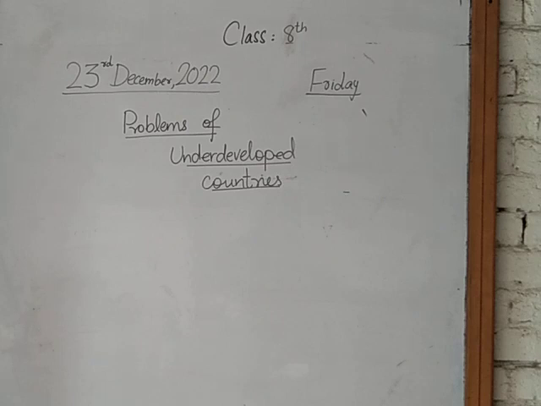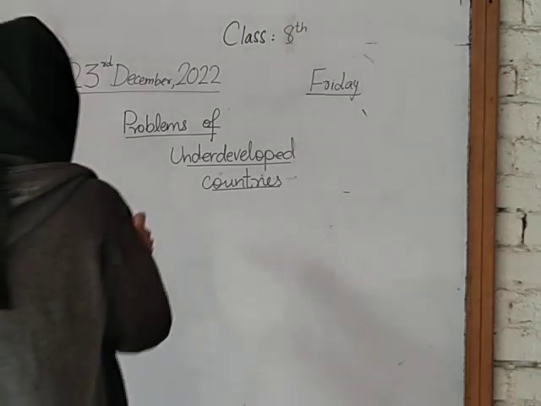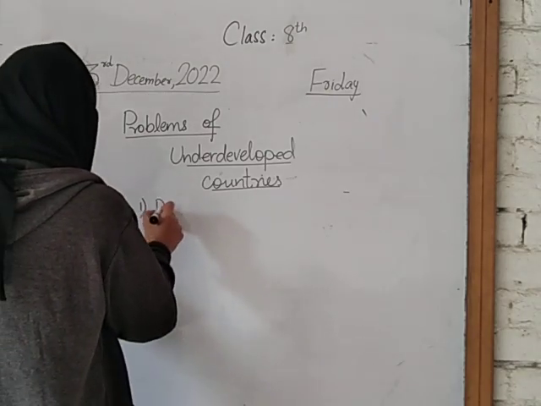So today the topic is problems of underdeveloped countries. Now we will discuss the problems that the underdeveloped countries are facing. We will firstly categorize the problems. There are three types of problems that the underdeveloped countries are facing. First one is political.